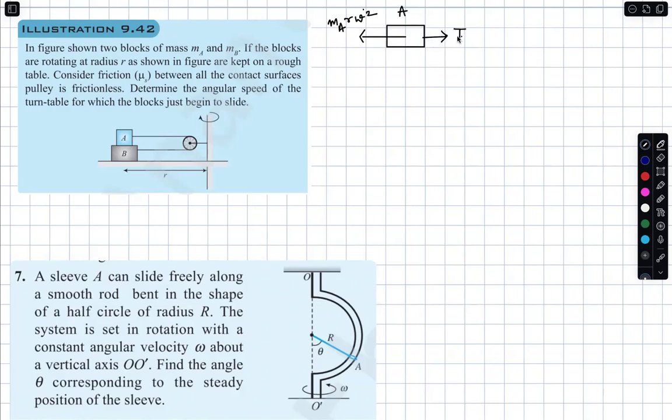Just please stay. This is B. Omega square. Tension.